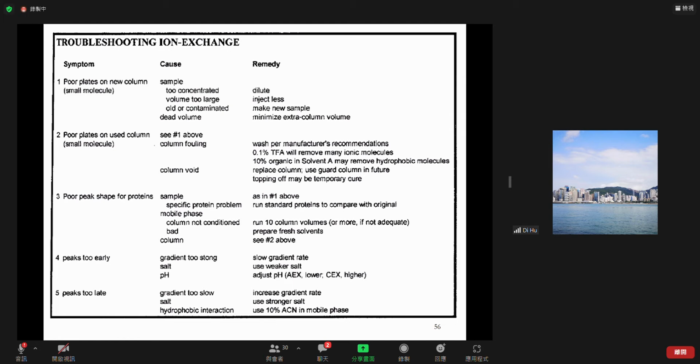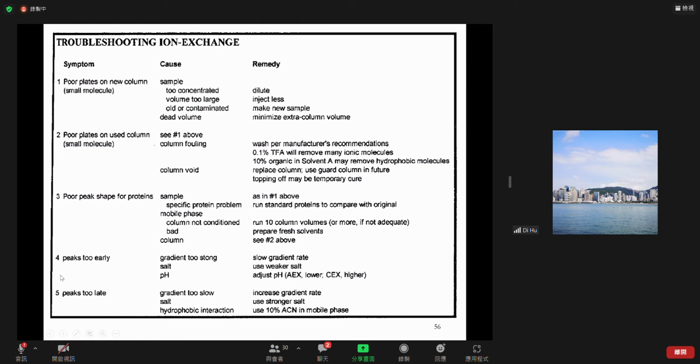Another thing you can do is adjust the pH a little bit, in the reverse way, so it can be higher for ion exchange chromatography. At the same time, you can add a little bit of organic modifier into the mobile phase, let's say ACN, which can help elute.